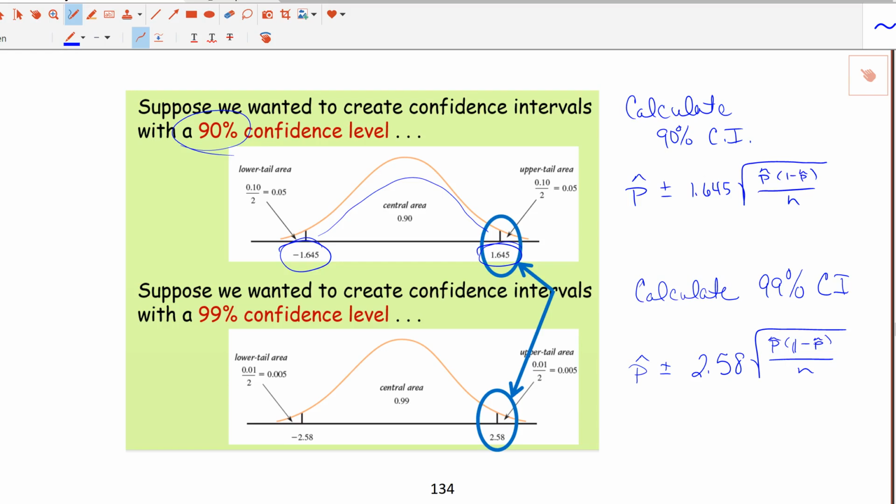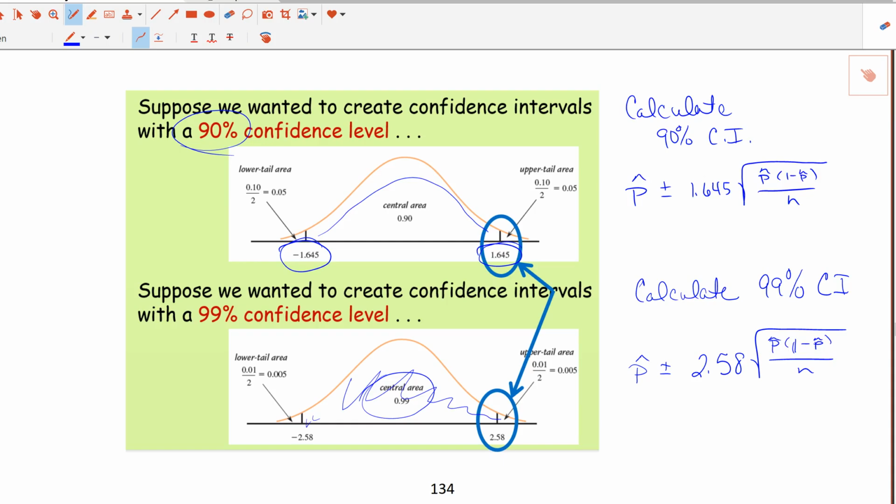Now remember, if we want to get more of the area, then our interval is going to be bigger. If we have a smaller amount of area, then our interval will be smaller.